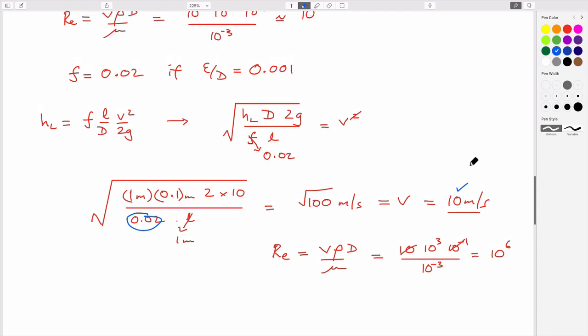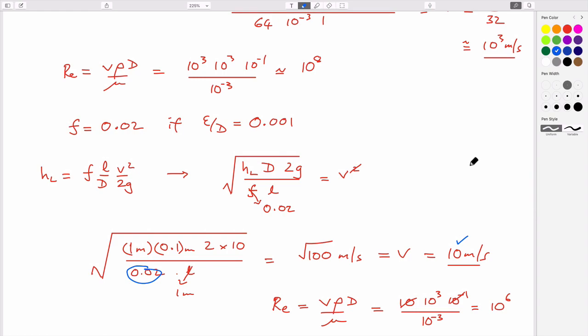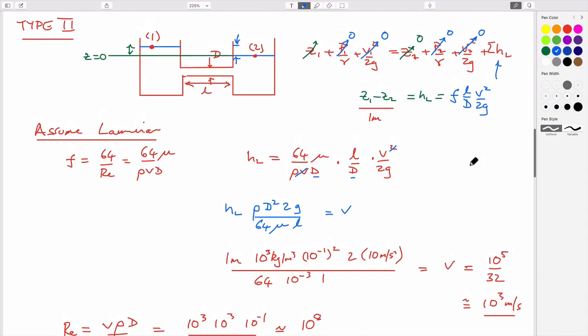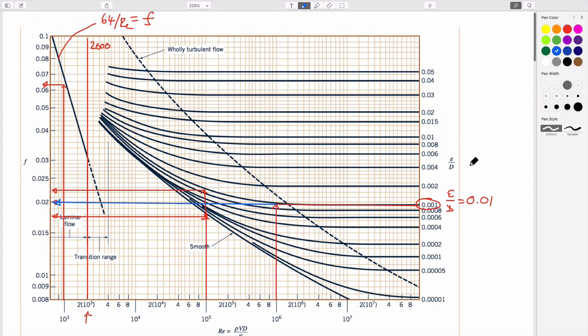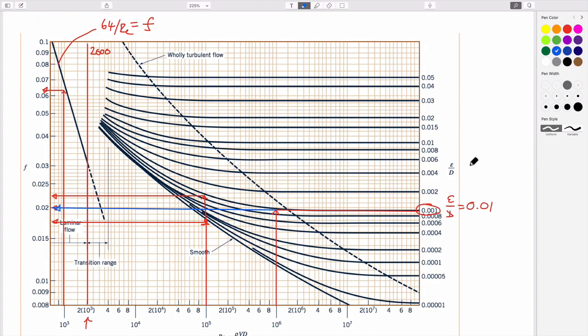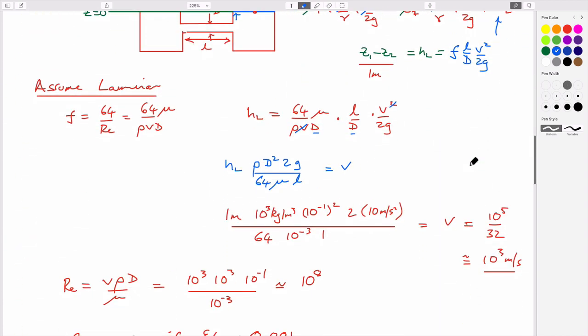And so it's important that we understand the difference between these two regimes, because it changes the way in which we might want to manipulate the data. If we know for sure that you're laminar, you can solve in one step, because you can write this head loss equation, as we did, merely in terms directly of the velocity, without having to square root it.